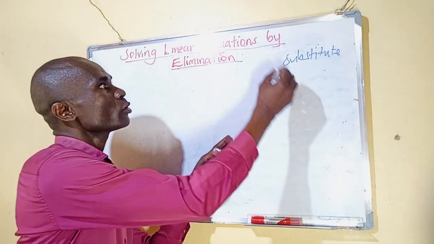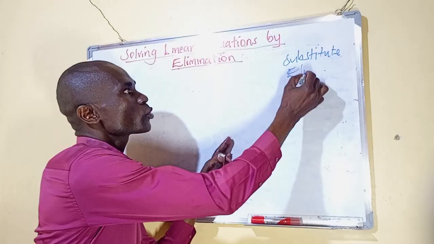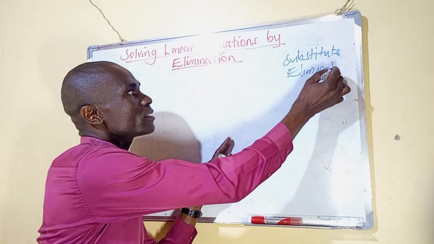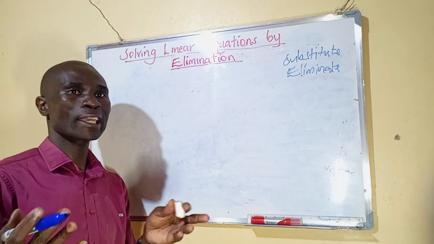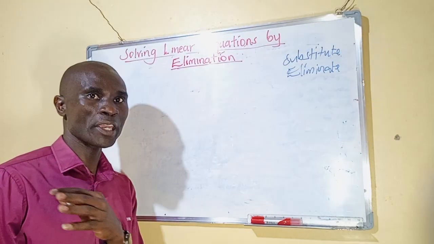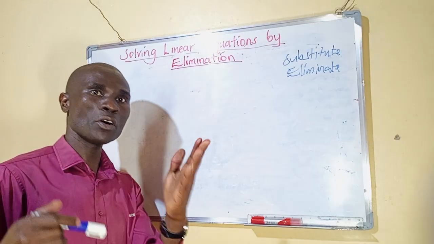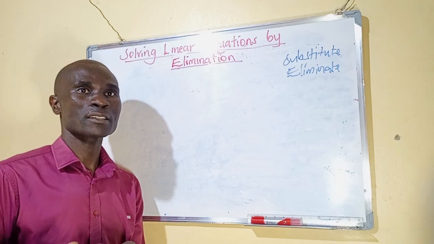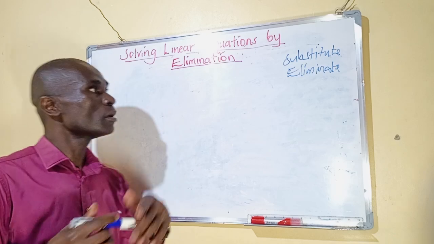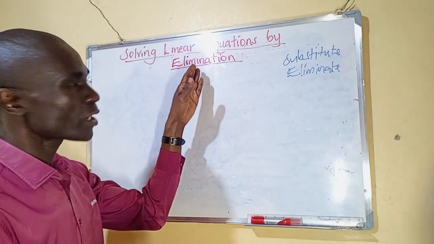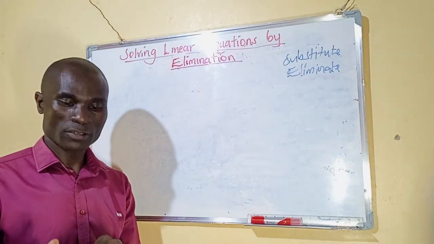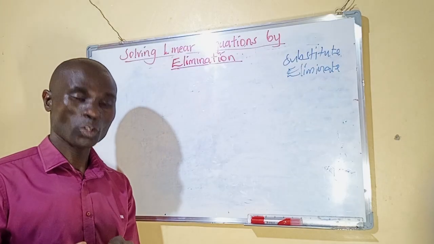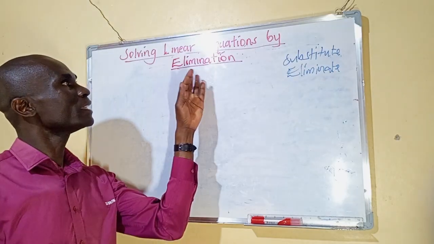Now, when we talk of elimination, to eliminate, as we said earlier, is simply to remove, to eject, to get out of the way, to remove something from where it is at the current time. We are at it again, and we look at how to solve these linear equations by elimination.